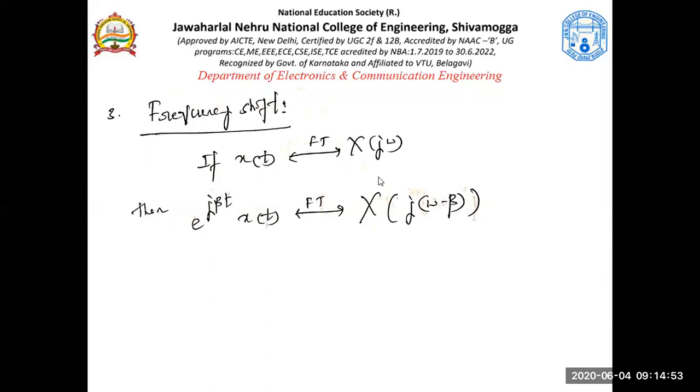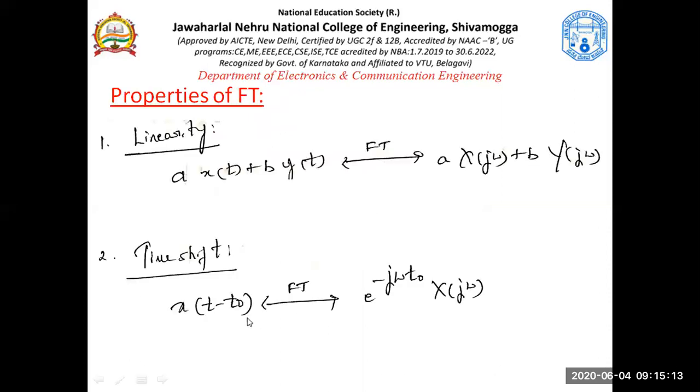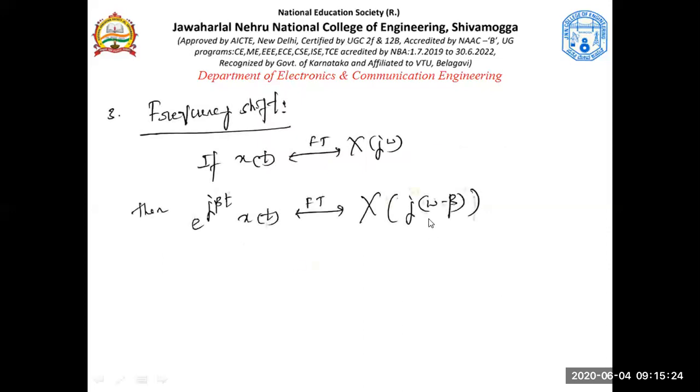The time shift results in an exponential in the frequency domain, and the frequency shift also results in an exponential in the time domain. What is the difference? If it is minus beta shift in the frequency domain, then plus beta is what you should have in the exponential. Whereas if you have minus t naught in the time domain, then you will have minus t naught only in the exponential in the frequency domain. So just remember that.